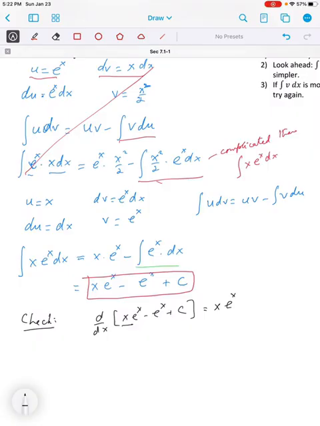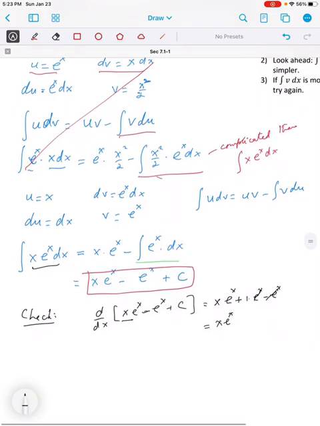So keep x as it is, take the derivative of e to the x, which is e to the x, plus keep e to the x as it is, take the derivative of x, which is 1. So I get 1 times e to the x, minus the derivative of e to the x, which is just e to the x, plus derivative of c, which is 0. And now this cancels out and you end up getting x e to the x, which is what we have here, and that's what we wanted.